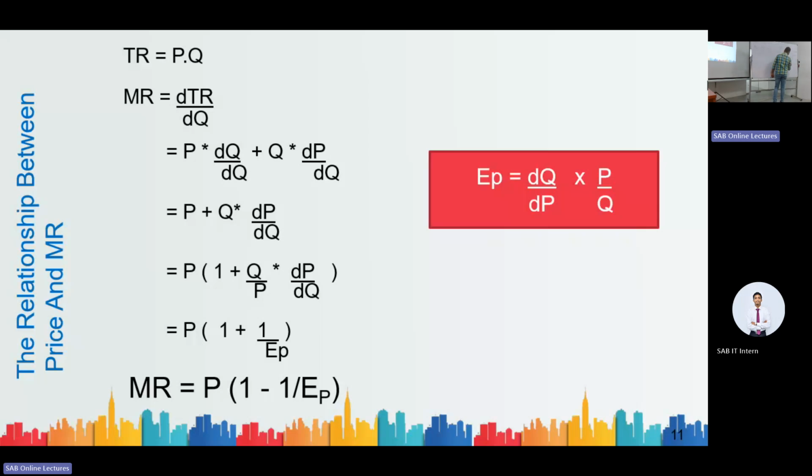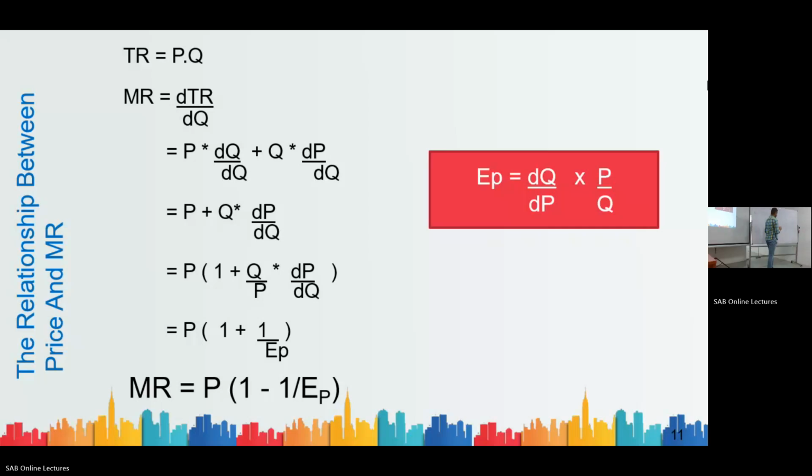Change in quantity will be 1 and price will reduce by 2 units. Even if you consider a huge difference like this point and this point, you will get the same answer.